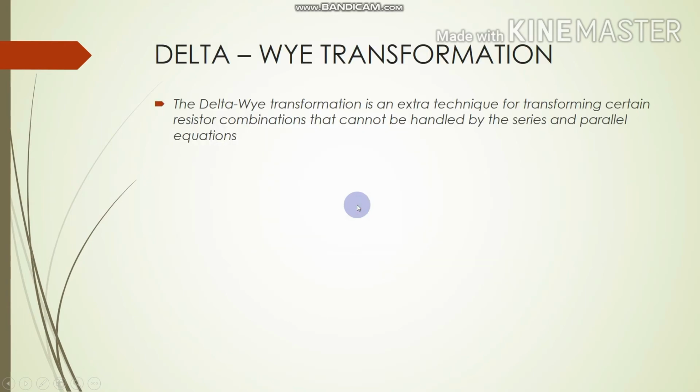Then we move to the delta to Y transformation. The delta to Y transformation is an extra technique for transforming certain resistor combinations that cannot be handled by the series and parallel equations. We will use this technique if the circuit cannot be handled by series or parallel.